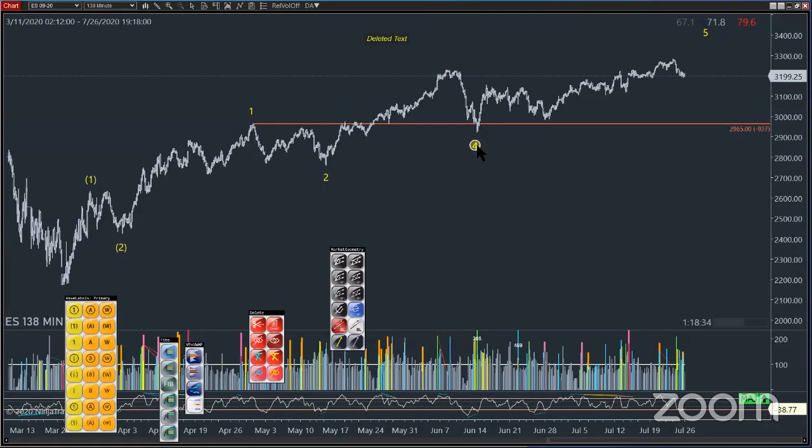The move up and out of this low is so dramatic. It's probably one of the fastest moves we've had of all time. Well, this was probably slightly faster right in here, but that was a really fast move up. And then the push down is clearly corrective.